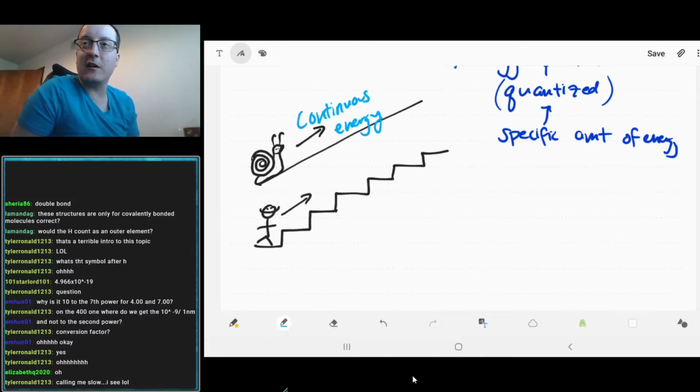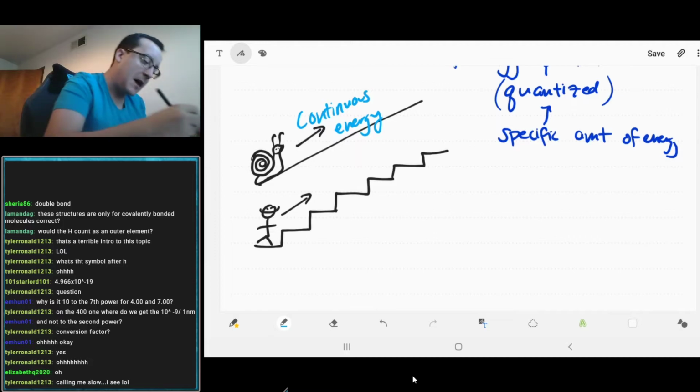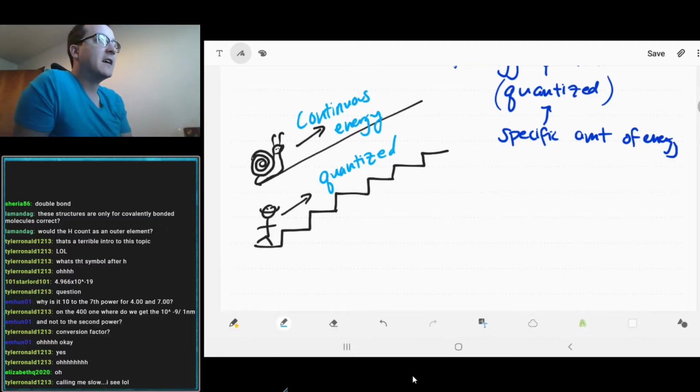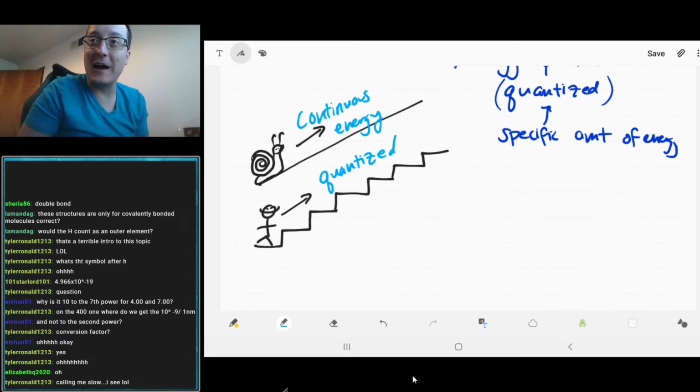However, Elizabeth here is going to be going upstairs instead. And each of those stairs is going to be kind of this quantized idea. As she goes up each stair, that's like an amount of potential energy she's getting, right? Remember gravity, the higher you are, the more energy you have technically if you were to fall off.